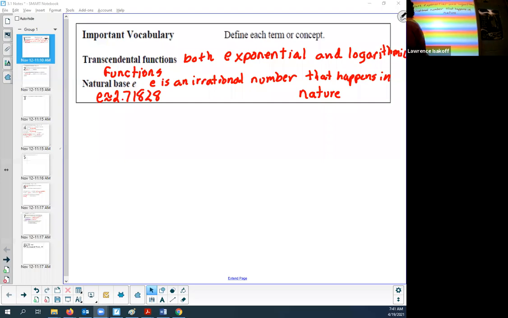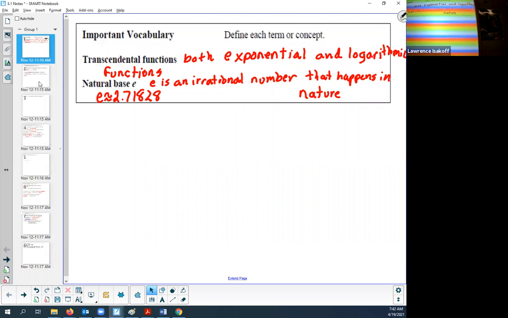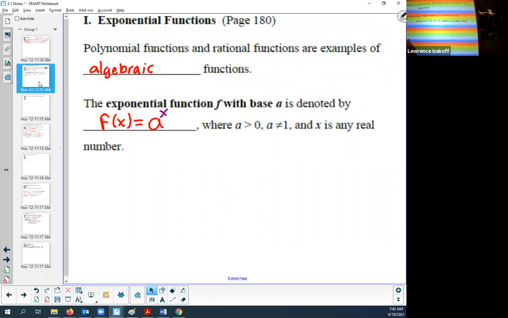What we're talking about in this unit, not just today, are transcendental functions. That's basically a fancy way of saying exponential and logarithmic functions. We'll talk about logs starting on Thursday. Logs basically help get variables out of exponents.